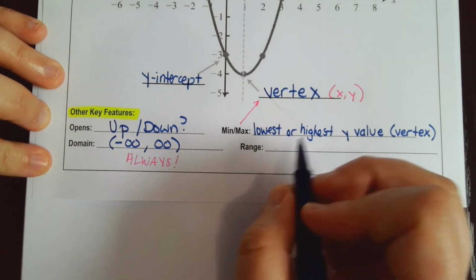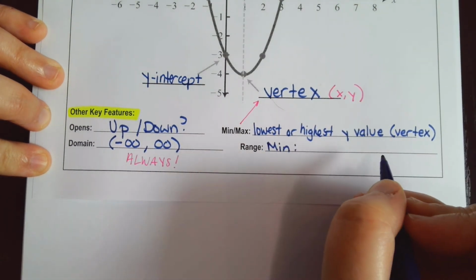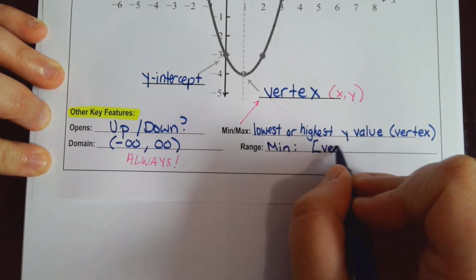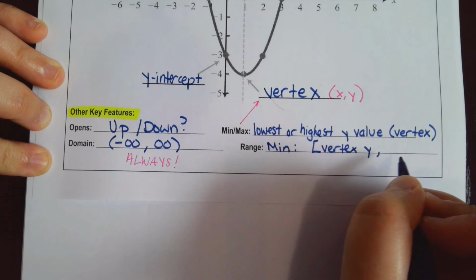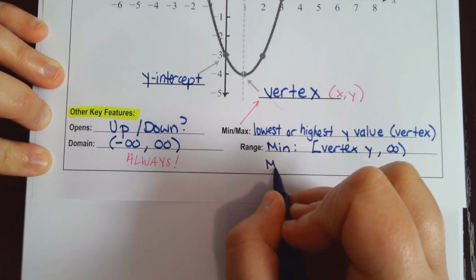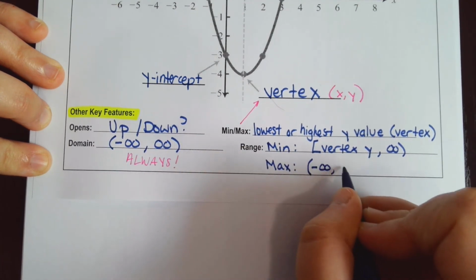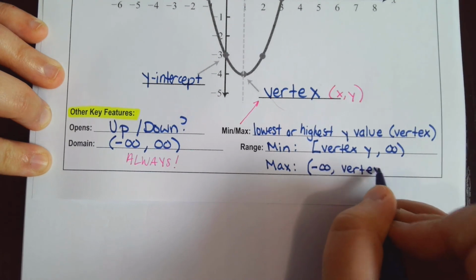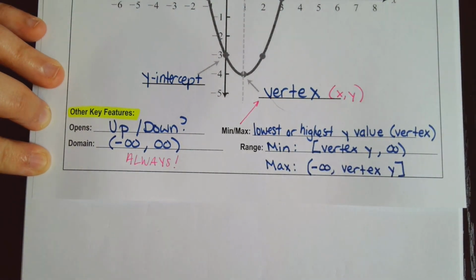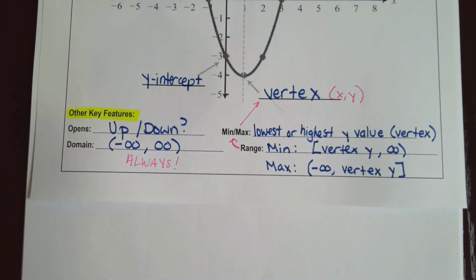So with your range, if it is a minimum point, then you're going to have bracket vertex y, comma, positive infinity. If it is a maximum, parentheses, negative infinity to vertex y bracket. So range always depends on what your maximum and minimum value is going to be.